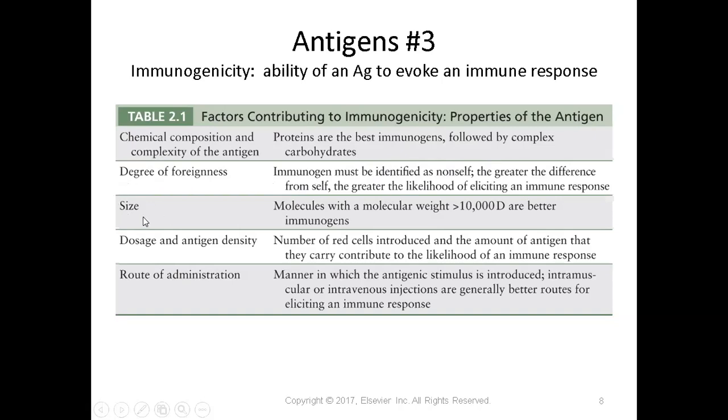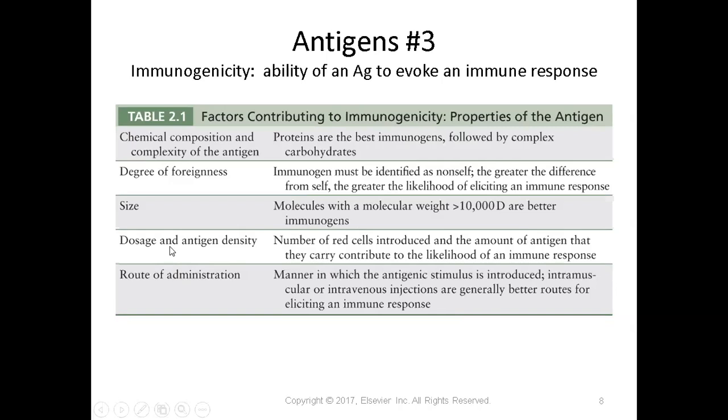Size of the particle does matter, okay? So molecules or antigens that have a molecular weight greater than 10,000 Daltons are better at eliciting an immune response than smaller molecules. So think about it. Size, our body is going to recognize it as foreign, and we're going to pump out an antibody against it.